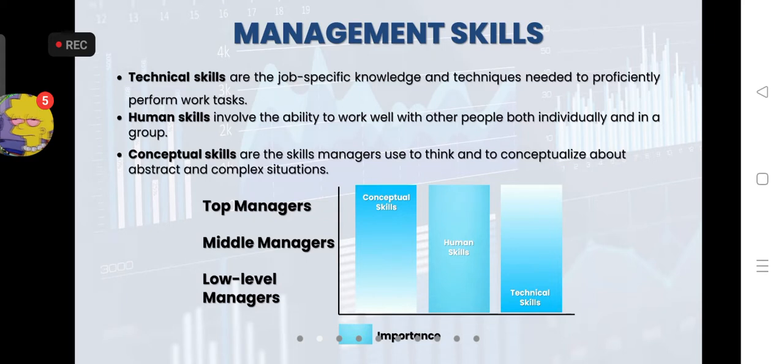Furthermore, as managers are the ones who handle their people, it is necessary for them to acquire strong human skills, whether they be top, middle, or low-level managers. And lastly, technical skills are important skills to low-level managers, as they are the ones who handle employees that use tools and techniques, or employees who are hands-on with their work. So next slide.